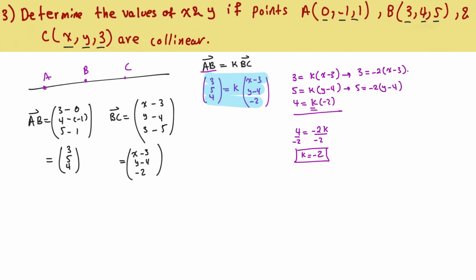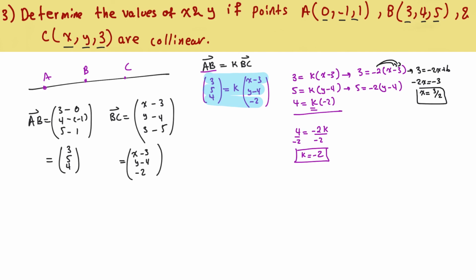For the first one here, I'm going to expand, and I get 3 equals negative 2x, and negative 2 times negative 3 is plus 6. So then I will get negative 2x equals, subtracting 6 from both sides, negative 3, and I will get x equal to, dividing both sides by negative 2, 3 over 2. And that's my x value.